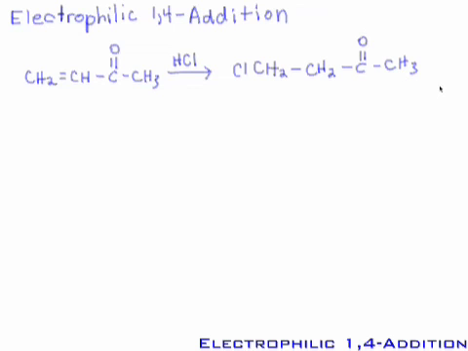Now the mechanism proceeds through an initial electrophilic attack of the oxygen by a proton. HCl is a reasonable acid. And if we look at the mechanism, step 1 could be drawn as simple protonation.